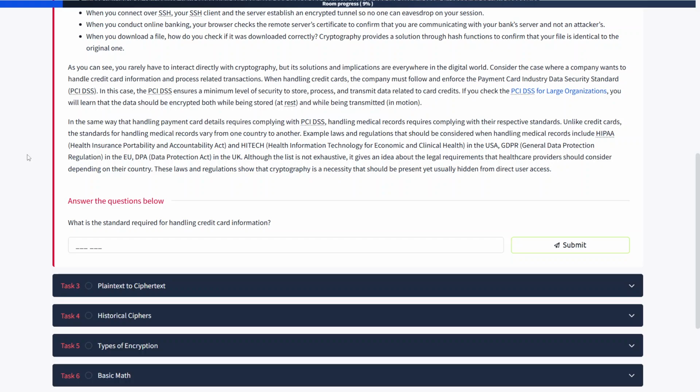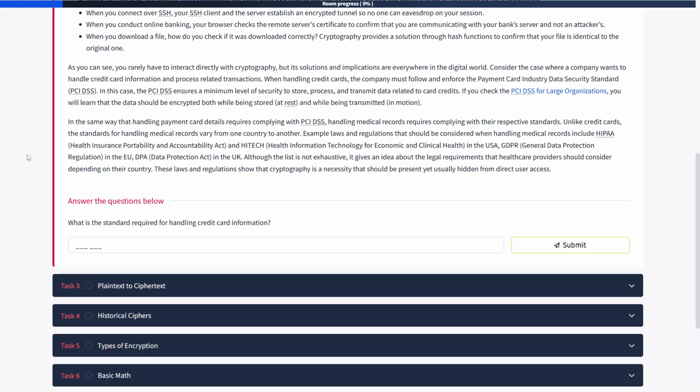Consider the case where a company wants to handle credit card information and process related transactions. When handling credit cards, the company must follow and enforce the Payment Card Industry Data Security Standard (PCI DSS). In this case, the PCI DSS ensures a minimum level of security to store, process, and transmit data related to credit cards.